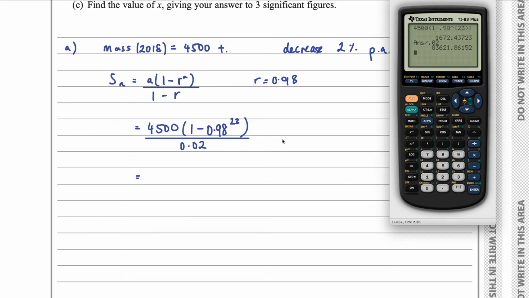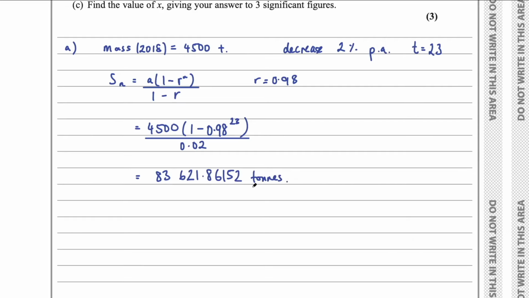83,621.86152. And this is where I would do a quick reality check or common sense check. So if we're extracting just a bit more than 4,000 tons per year for 23 years, we'll just multiply that by 4 firstly. Well, roughly 20 times 4 is 80. And okay, if we start at 4,500, we might expect to get more than 80,000 tons.